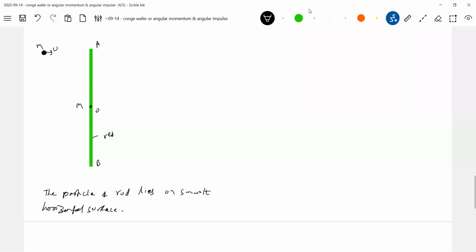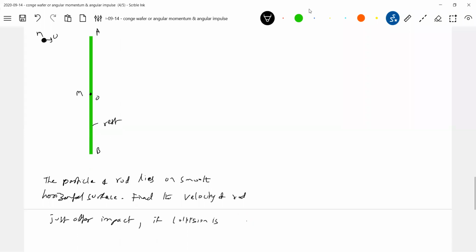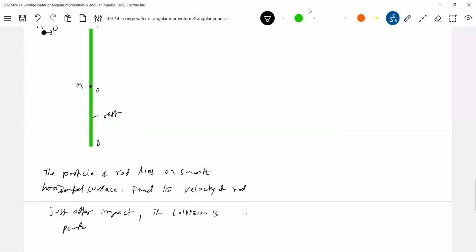Find the velocity of the rod just after impact if the collision is perfectly elastic. If the collision is perfectly inelastic.